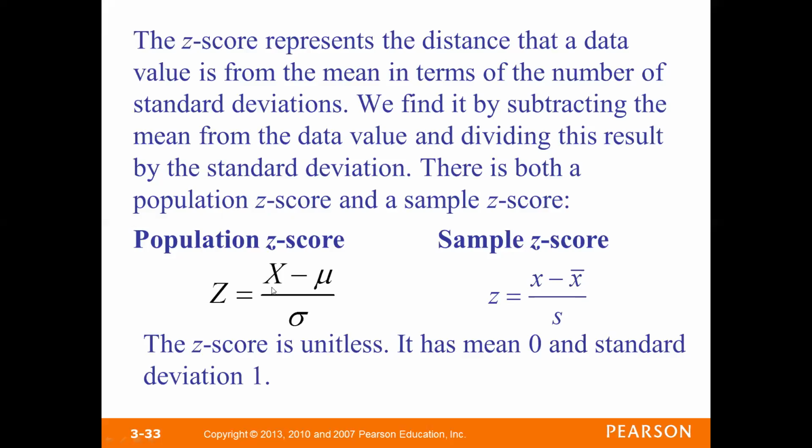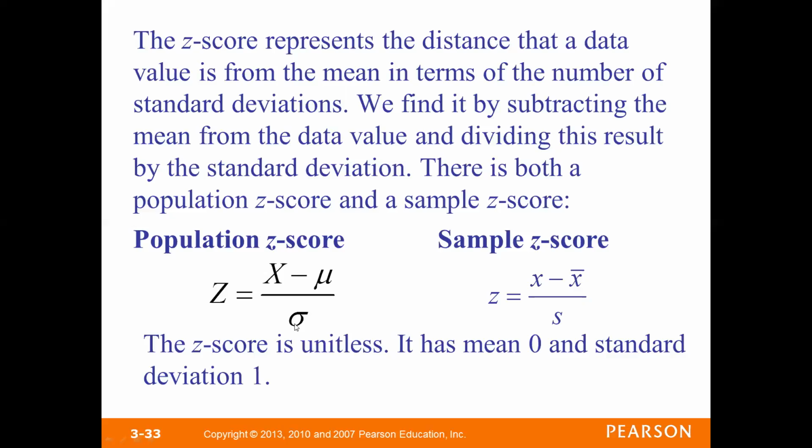So in both cases, we're taking the x value and finding its difference, or its distance, from the mean. So we're subtracting off the mean, either the sample mean or the population mean, and then dividing that by the appropriate standard deviation to see how many steps we're taking away. Remember when we were drawing our picture of the normal, I said that the standard deviation we could think of as the step size.